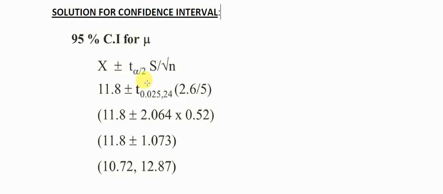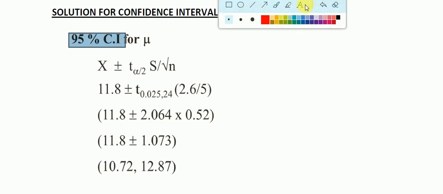We have already seen how we calculate t alpha by 2. How do we do that? We basically see the value of alpha. So this is a 95% confidence interval. What's the relationship between the level of confidence and level of significance?